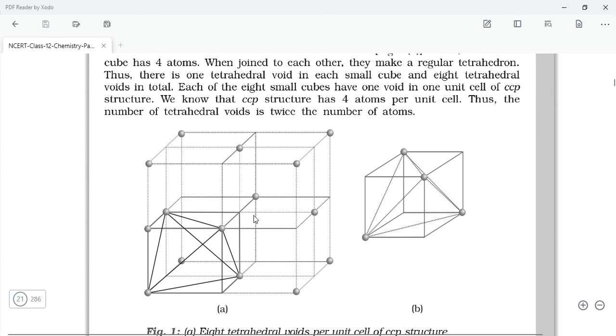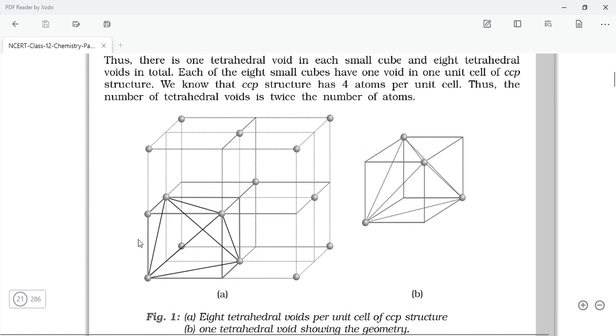Now divide that cube into 8 equal-sized cubes. If you take one of those 8 cubes and join those anions or particles, you will get the tetrahedral structure, and the void present between them is the tetrahedral void. That is so simple, I guess.